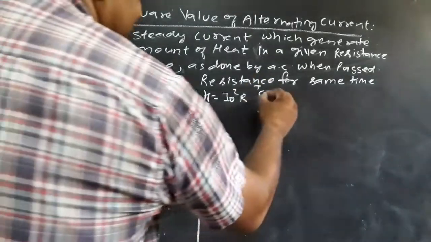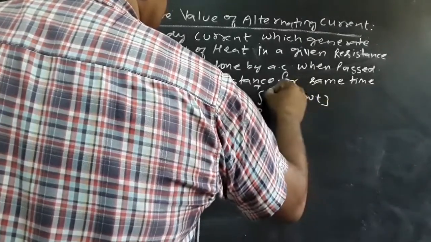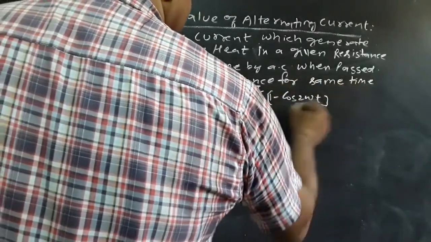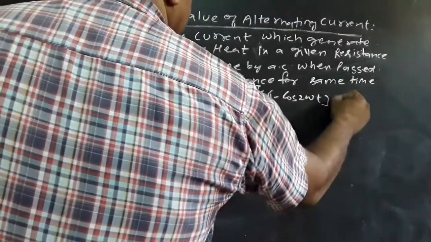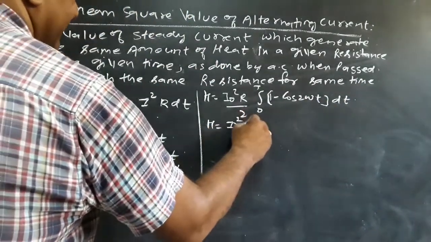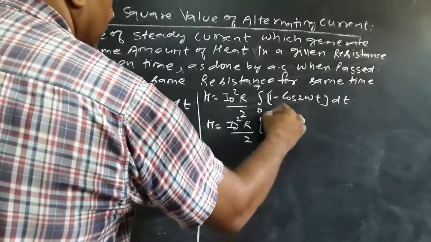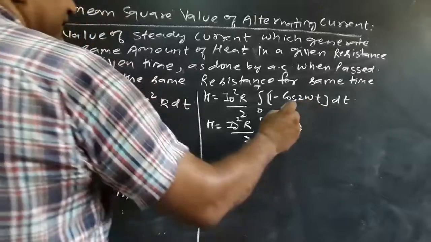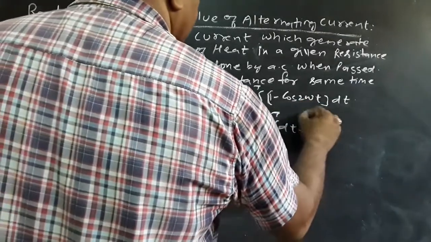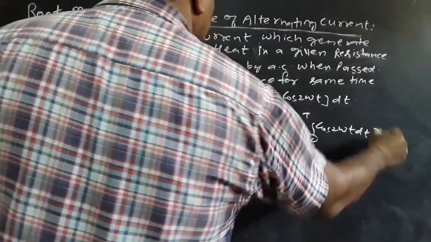We can write here 1 minus cos 2 omega t by 2 into dt. H is equal to I naught square R by 2, integral 0 to T dt minus integral 0 to T cos 2 omega t into dt.